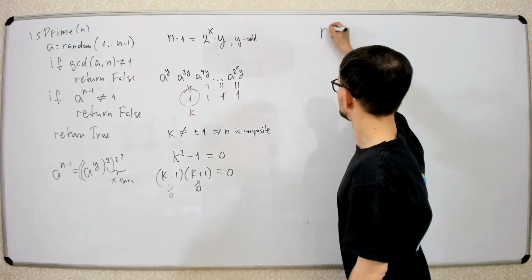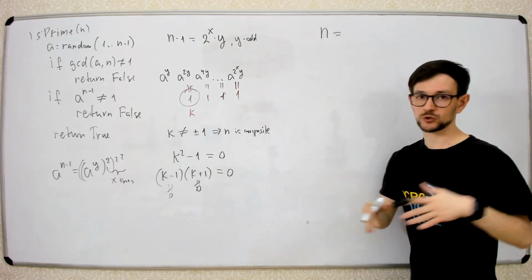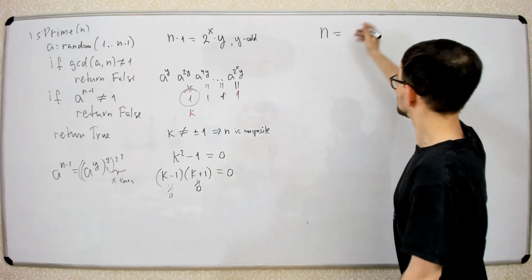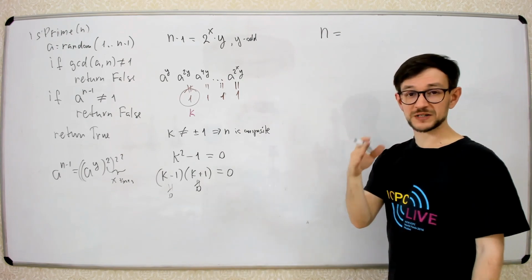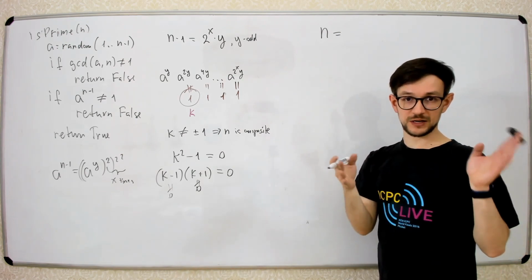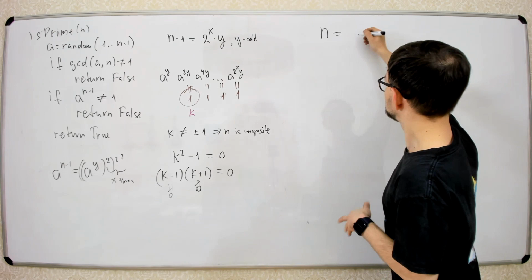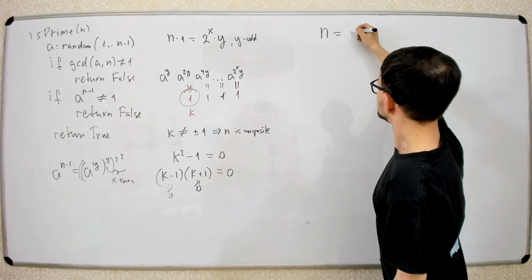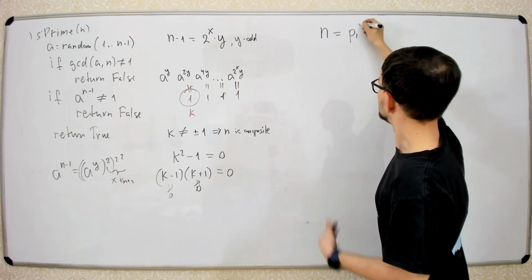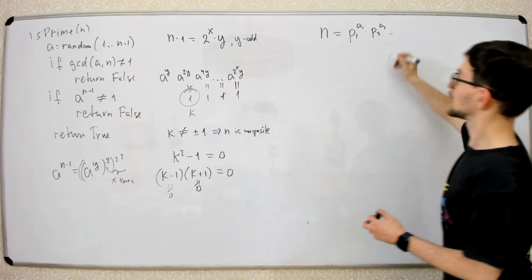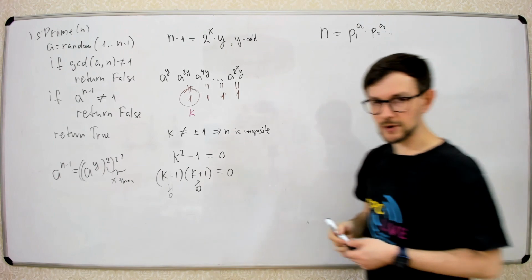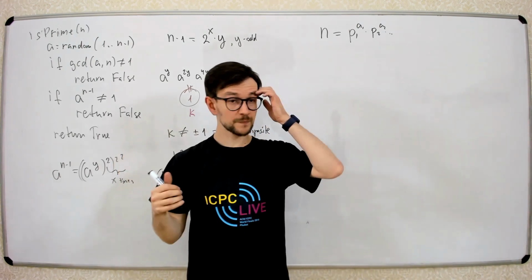You give a number n, and you want to split it into a product of primes. That's the fundamental theorem of arithmetic: any integer number can be decomposed into a product of primes, like p1 to the power a1 multiplied by p2 to the power a2, and so on.